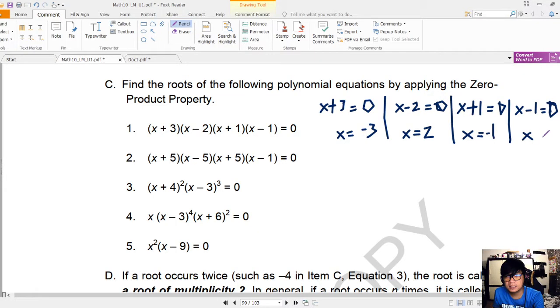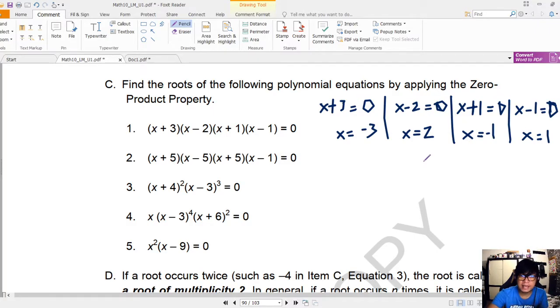And x is equal to 1. So, ganyan yung pag-apply ng zero product property. Each factor equate lang siya sa 0.